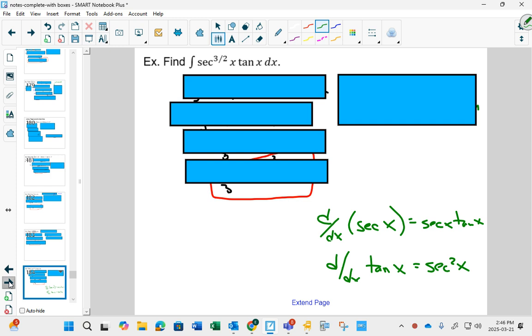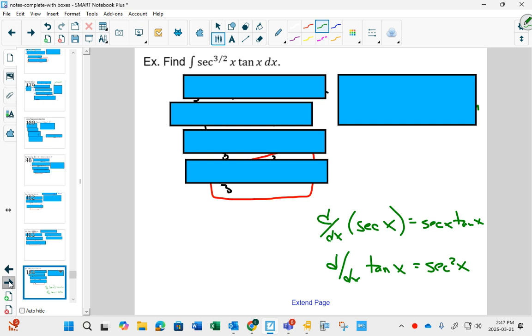What we're going to probably want to do in this question is either make u secant x or u tan x. If we make the u tan x, we would replace out a secant squared. If we make the u secant x, we have to replace out a secant x tan x. So you're going to have to play around with it.